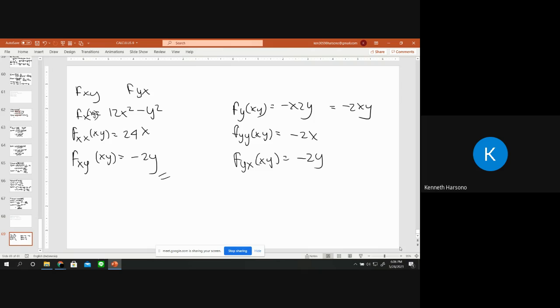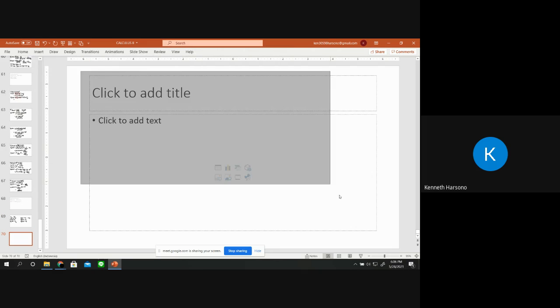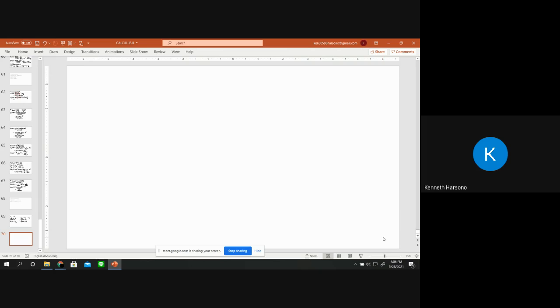Okay. Let's move on. Number 20. So C is equal to x e power of minus 2y. Cx is just equal to e power of minus 2y.